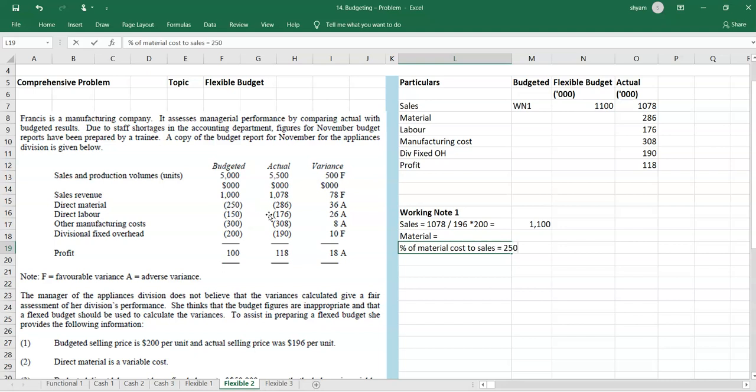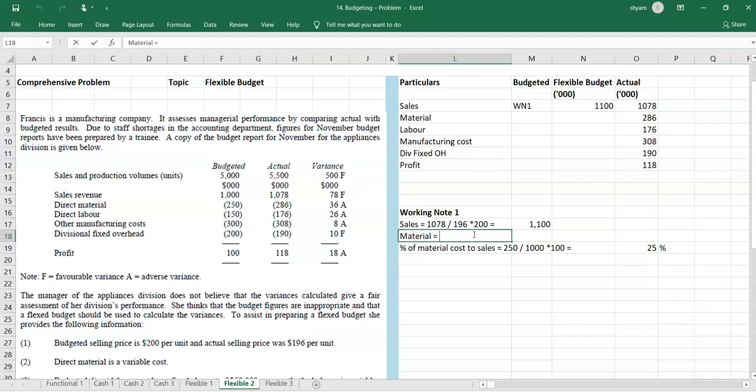So 250 of material is for 1000 sales. So for 100%, what would it be? It would be 25%. So the percentage of material cost to sales is 25%.